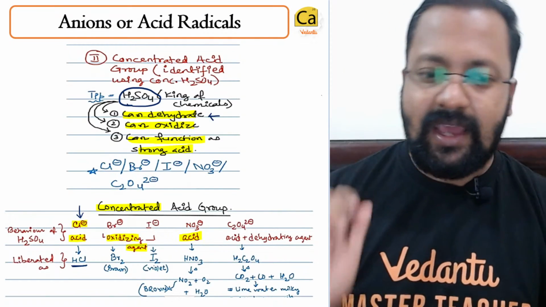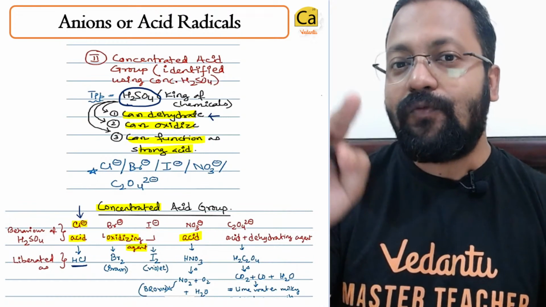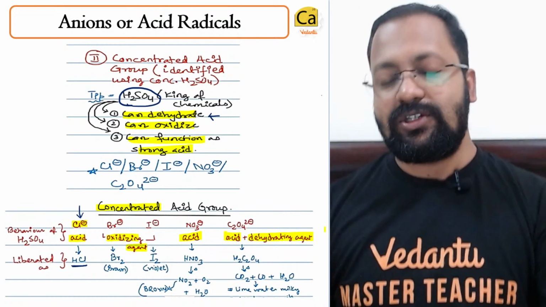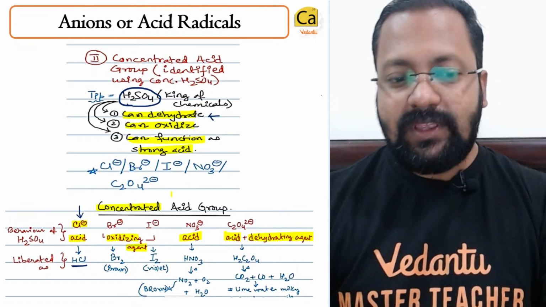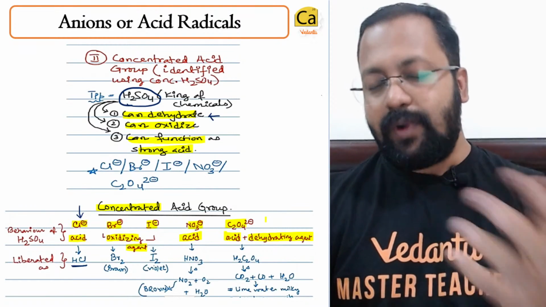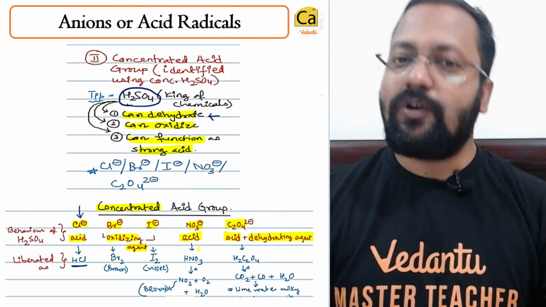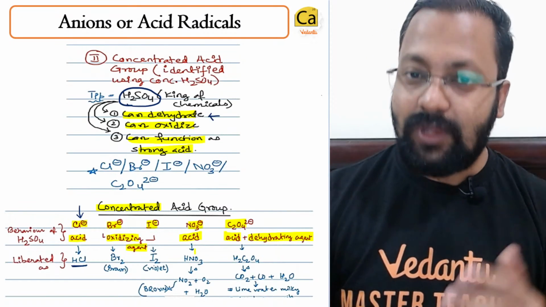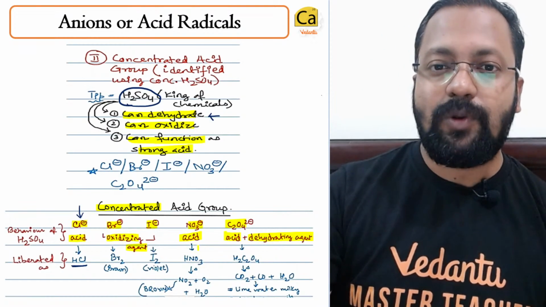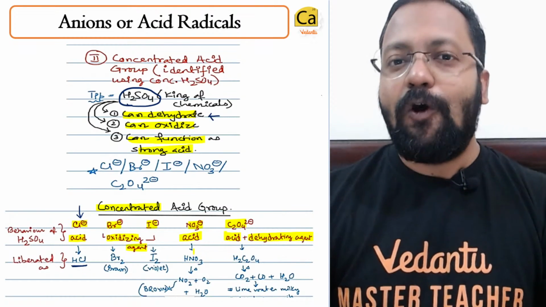And with oxalate, C2O4 2 minus, it behaves as an acid as well as a dehydrating agent. तो आप देख रहे हो कि with every anion I am utilizing one or two of the properties of H2SO4. ठीक है, इतनी सारी properties और कोई acid show नहीं करता है, which is as easily available and shows all these three properties. That is the reason H2SO4 is known as the king of chemicals.